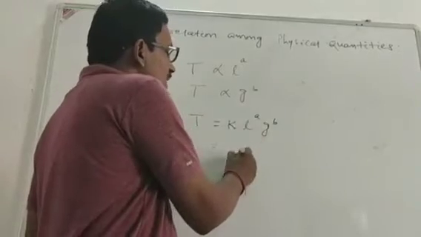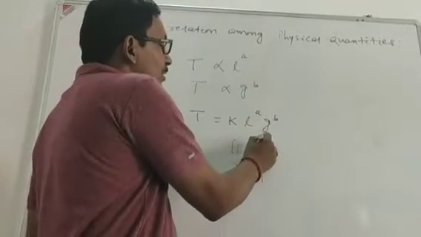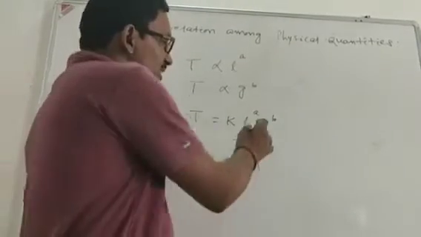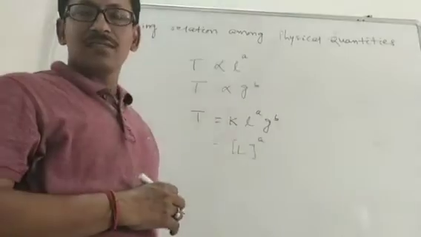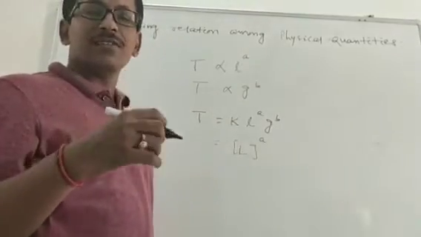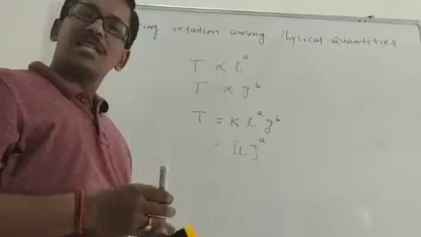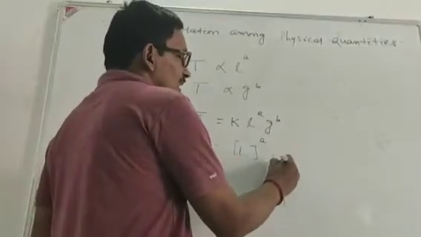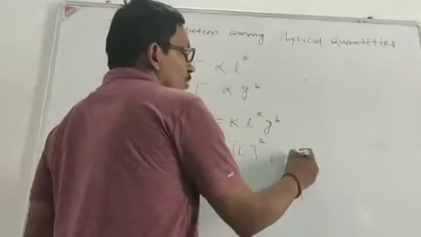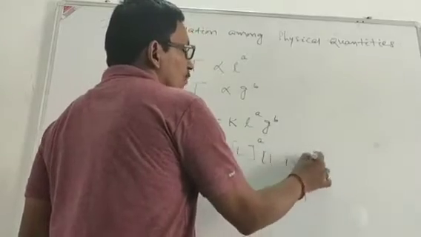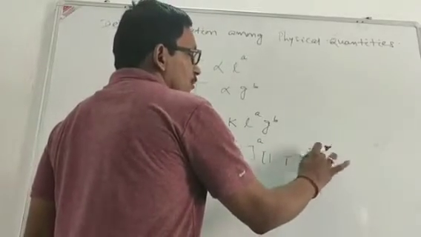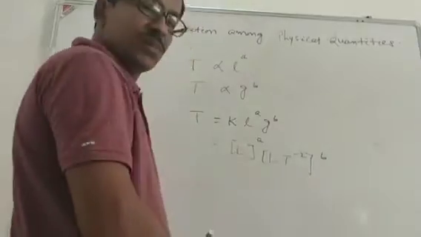Length means you can write L to the power a. g is acceleration, acceleration due to gravity, so it will have the dimensional formula of acceleration. So I can write [L T^-2] to the power b.